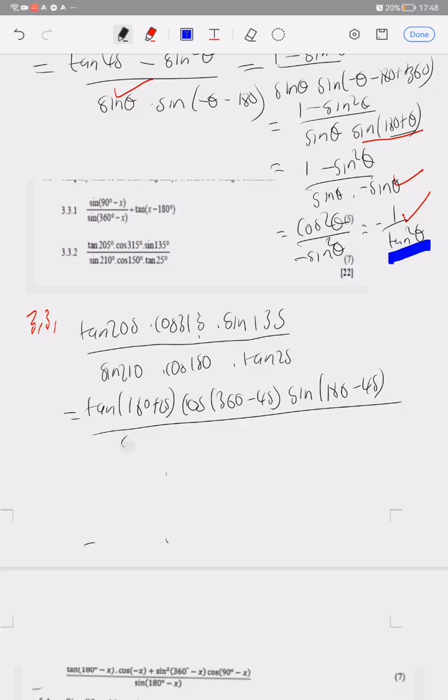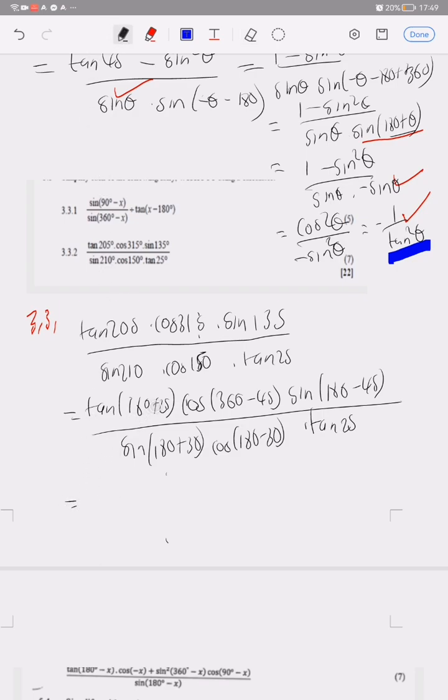This one will be a sine of 180 plus 30. This one, this is 150 by the way, will be a cos of 180 minus 30. The other one will just be a tan of 25. All right, so already guys, I don't know how to explain this, but try with all means to do the right substitution.